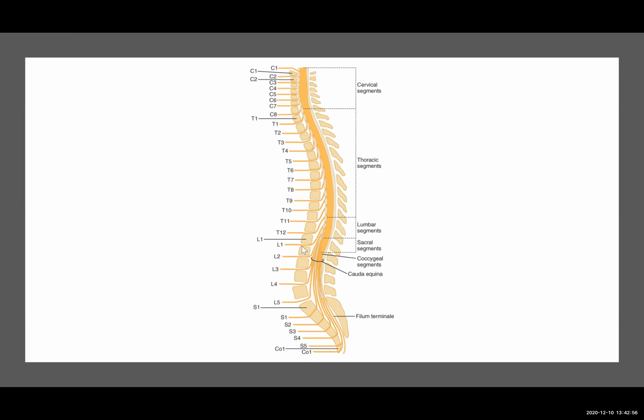And if we go down, okay, see 1, 2, 3, 4, 5, 6, 7. So here's T1, okay. At T1, the T1 nerve comes out underneath it. And so then it starts matching up a little more closely, depending on what level you end up at.